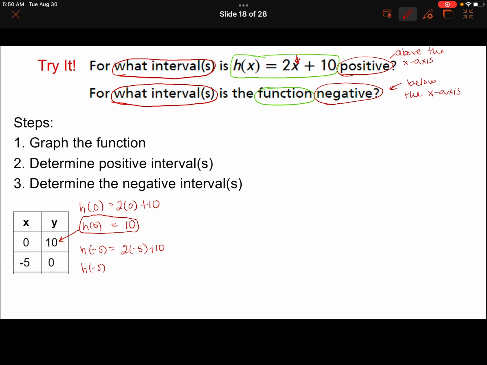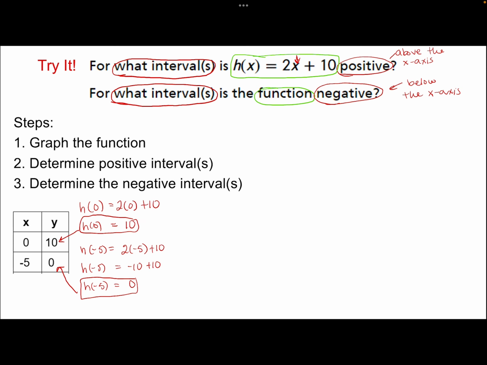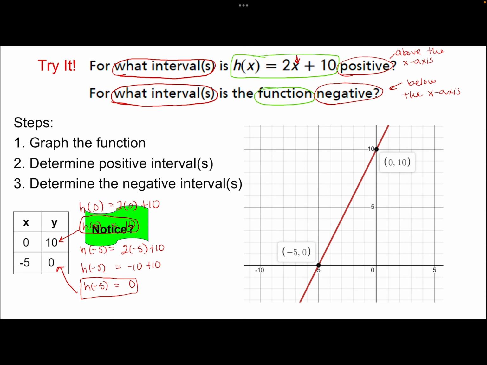So h of negative 5 equals negative 10 plus 10, which is equal to 0, which is this one right here. Okay, and then you graph it. So this is what the graph looks like.